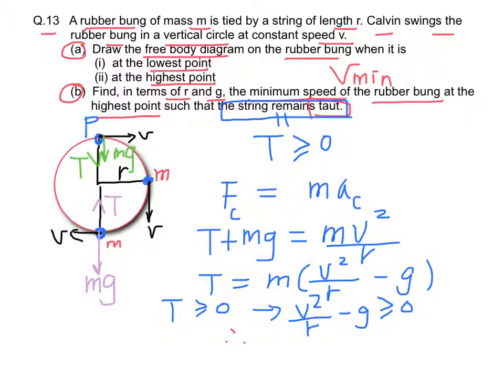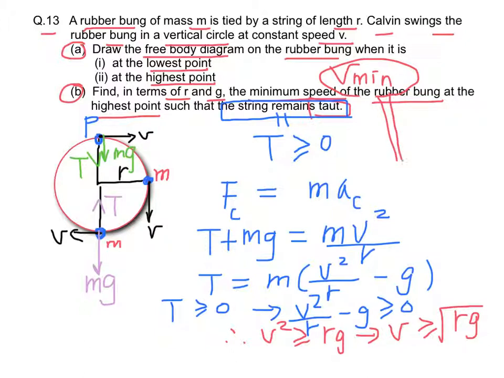Therefore, v squared must be greater than or equal to rg, which implies the speed at the highest point must be larger than or equal to the square root of rg. Therefore, the minimum speed of the rubber bug should be equal to the square root of rg.